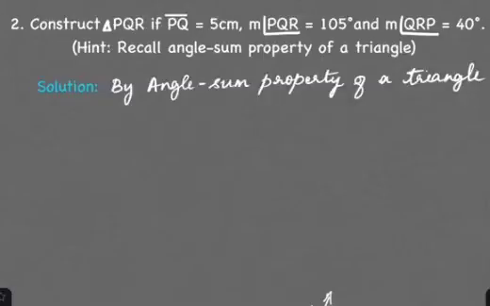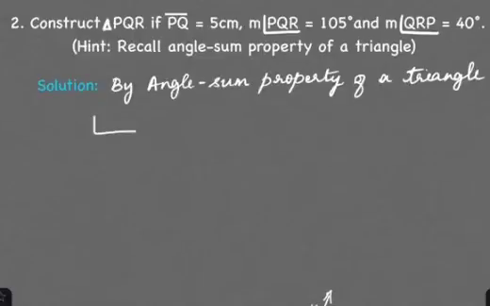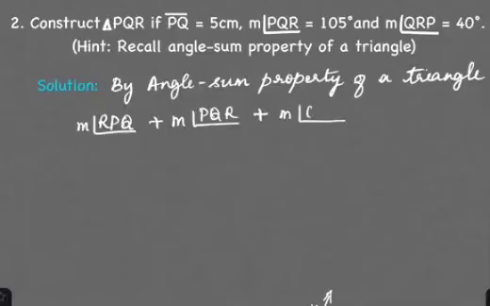By angle sum property of a triangle, measure of angle RPQ plus measure of angle PQR plus measure of angle QRP is equal to 180 degrees.